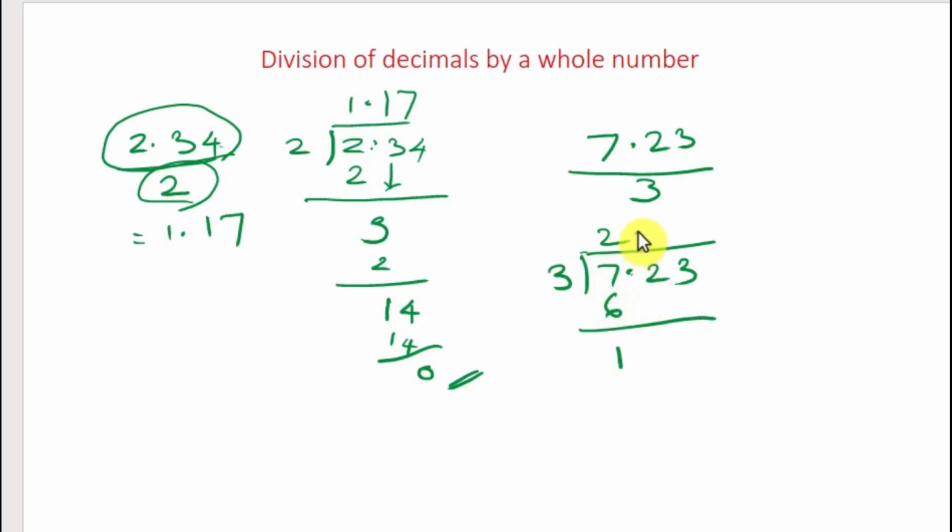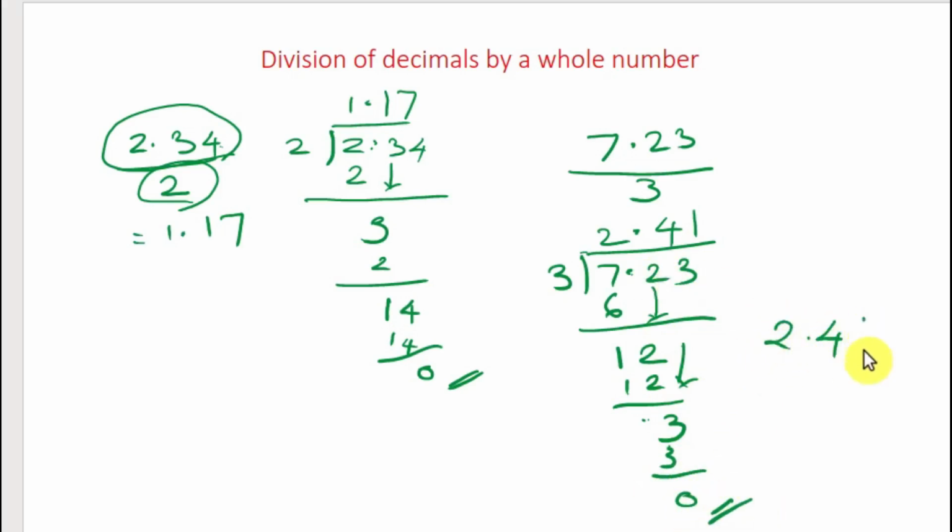Point I'm keeping here. 3, I'm bringing down 2. So 4 3s are 12. 12 minus 12, 0. So 3 I'm bringing down. 1 times 3 is 3. So the remainder is 0. So the answer is 2.41.